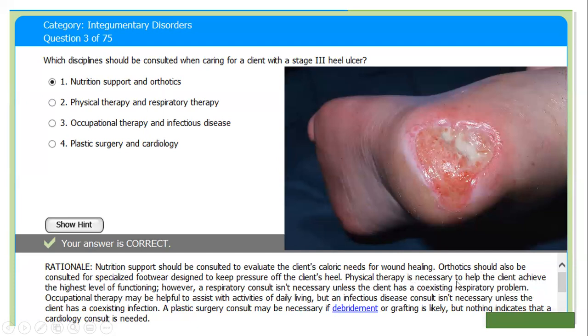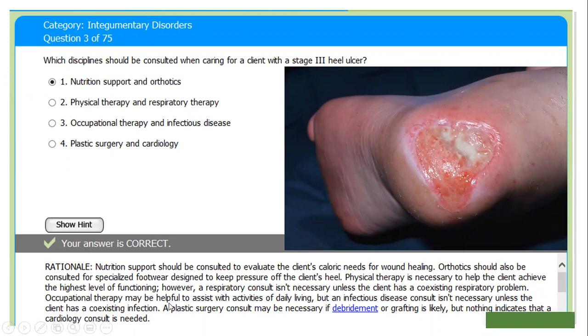Physical therapy is necessary to help the client achieve the highest level of functioning. However, a respiratory consult is not necessary unless the client has a coexisting respiratory problem.